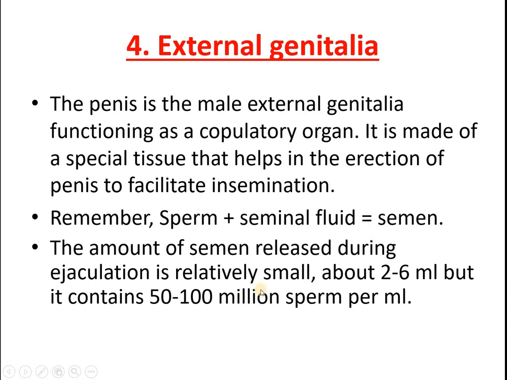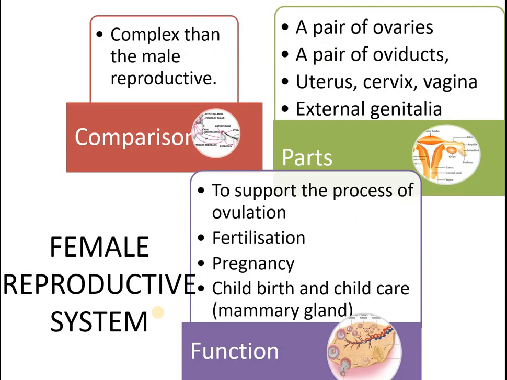The amount of semen released during ejaculation is relatively small, about 2 to 6 ml, but it contains 50 to 100 million sperms per ml. Students, they may ask one more question. What is the count of sperm in 1 ml of semen? It is 50 to 100 million sperms per ml.